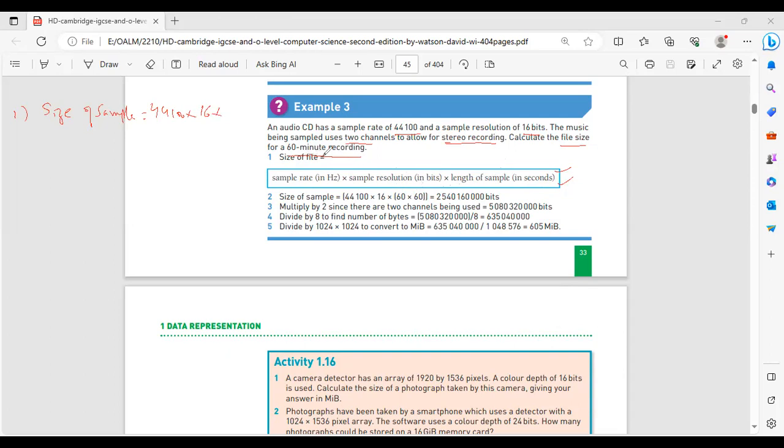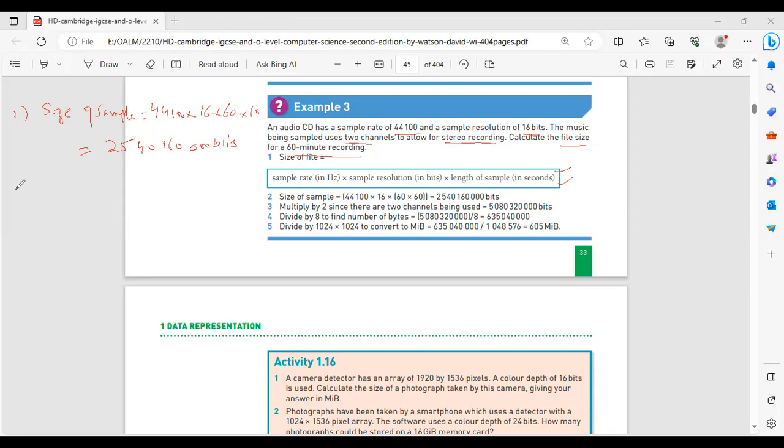Now it is asking about a 60-minute recording. One minute has 60 seconds and one hour has 60 minutes, so we multiply 60 by 60. So you will get the size of the sample in bits: 2540160330 bits.